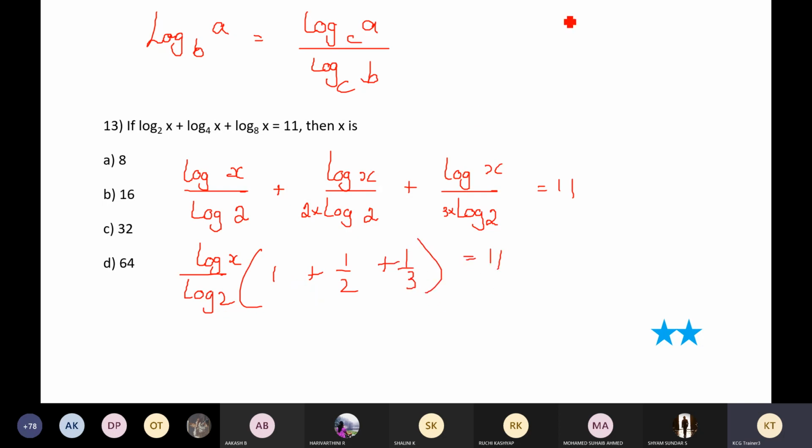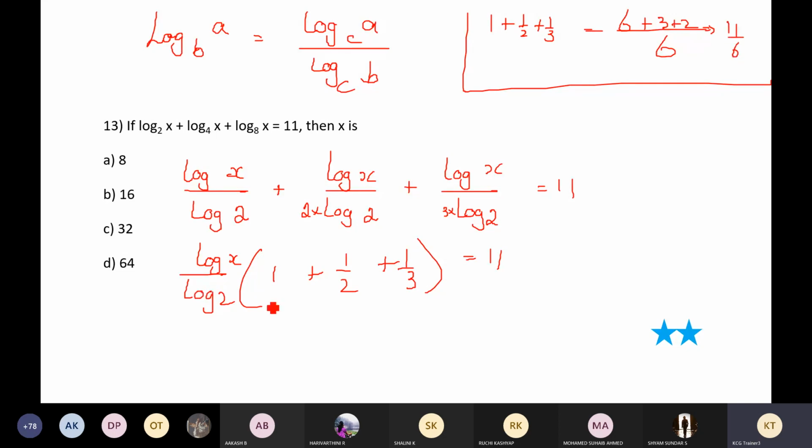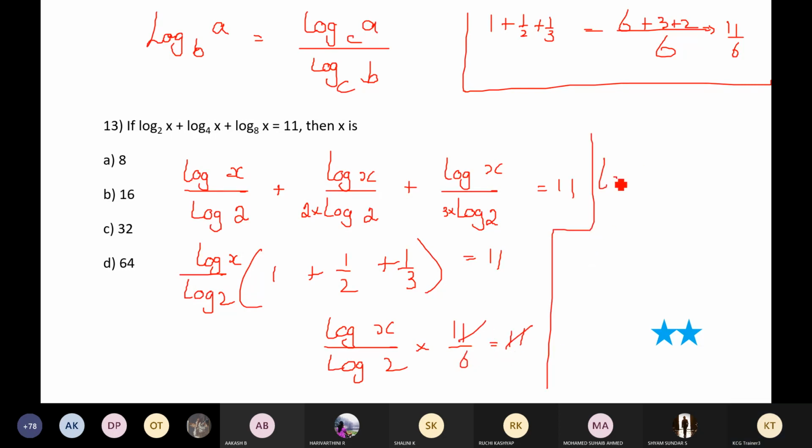So what is 1 plus 1 by 2 plus 1 by 3? Let's look at it. What is the LCM of the denominator? It is 6. I need 6 at the bottom. So 6 plus 3 plus 2, which is actually 11 by 6. So log of x divided by log of 2 into 11 by 6 is equal to 11. So log of x is equal to 6 log 2.